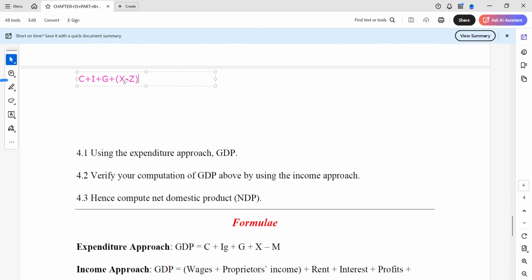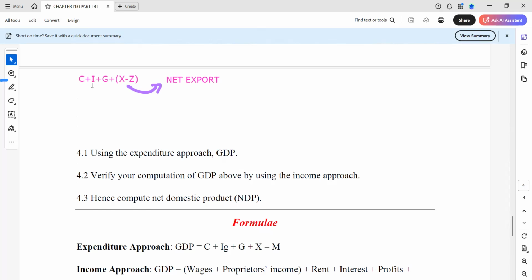This is sometimes called the net export. So if you just find net export, they've already calculated it for you. Now it's just the final figure. They've already said X minus Z and then they got this amount. The total figure when you say X minus Z is called net exports, right?